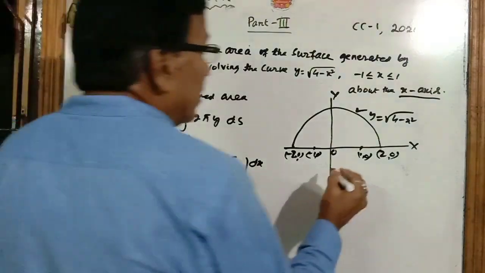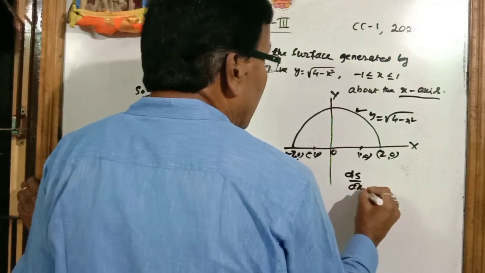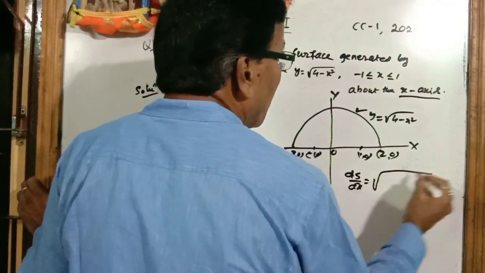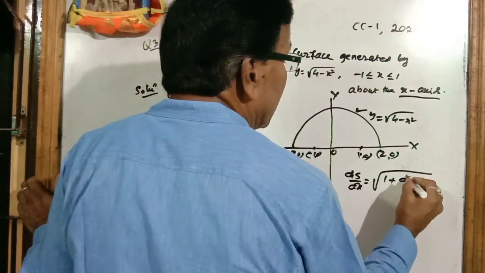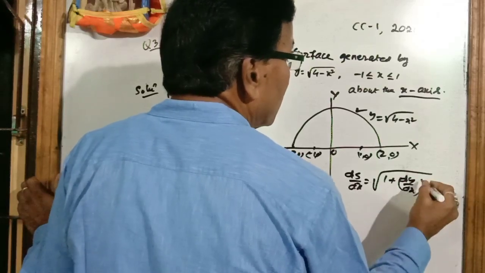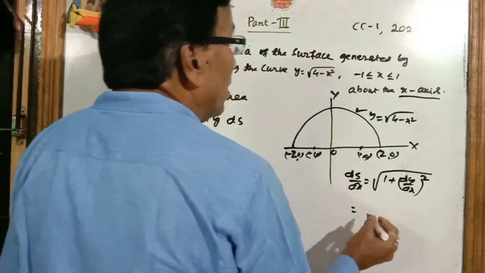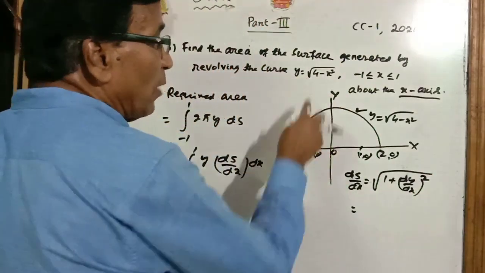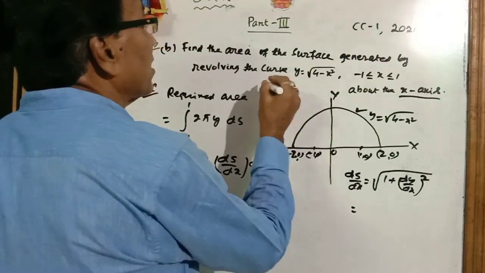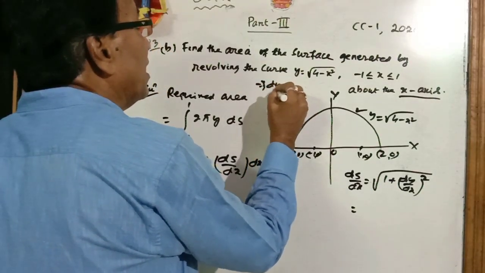Now we know that ds by dx is equal to square root of 1 plus dy by dx whole square. Since y is equal to square root of 4 minus x square, what will be the value of dy by dx?